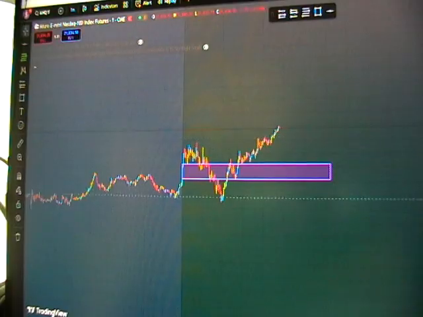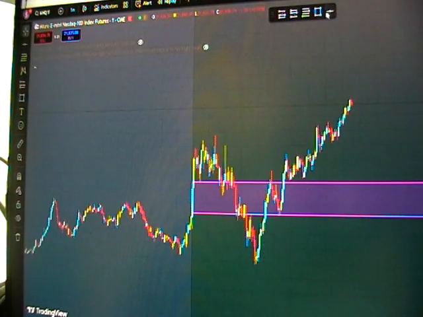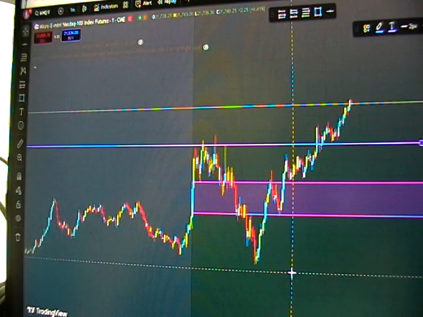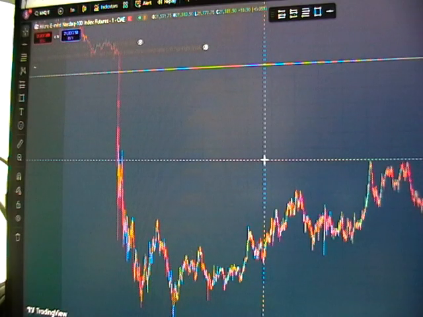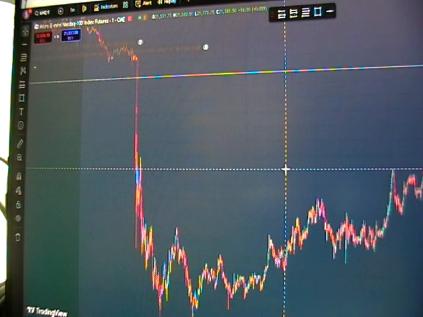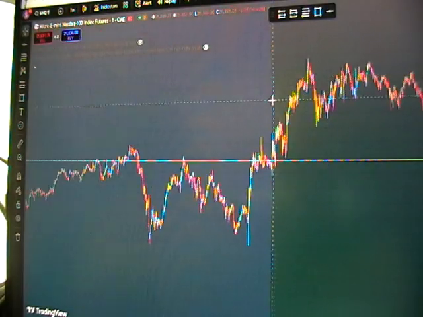I'm just not seeing much move. Okay, well, look. This high right here gets swept, boom, sell off. So, I don't know.